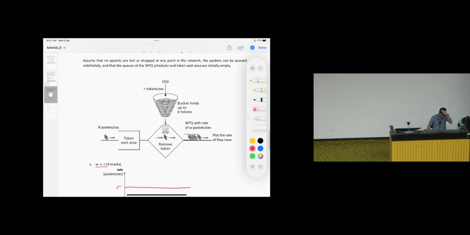So let's establish one identity here. In my bucket, the initial number of tokens plus the arriving tokens should be equal to the tokens that departed when that is empty, correct? So let me write that. The initial number of tokens plus the tokens that arrive should equal the tokens that leave when that bucket is empty.